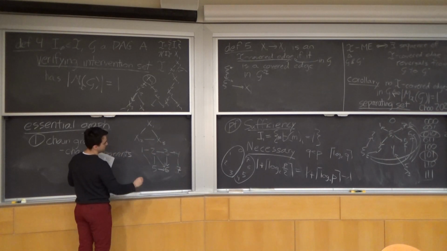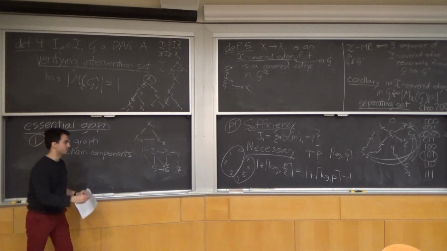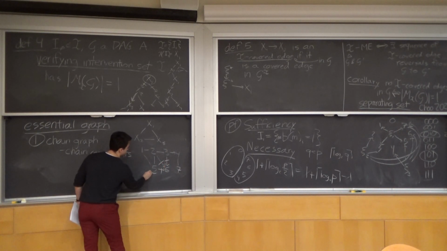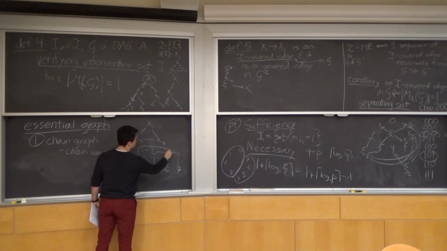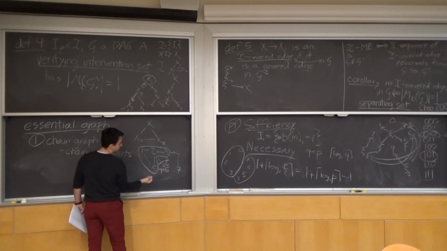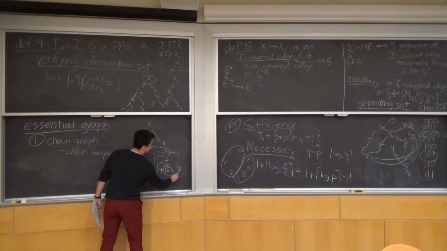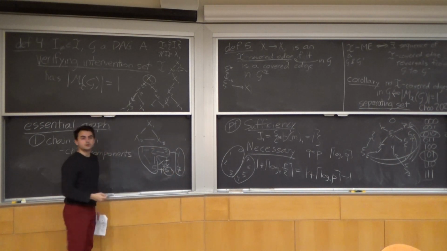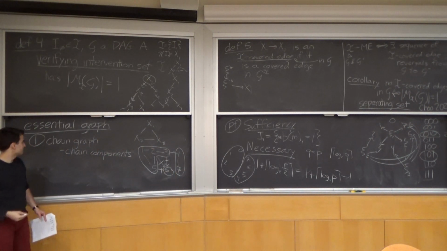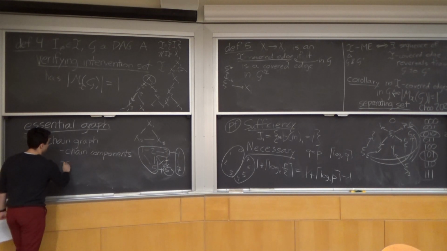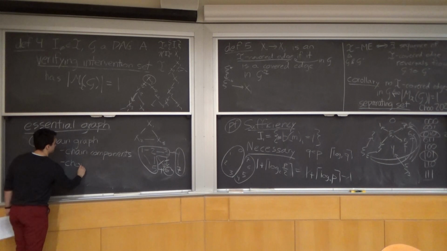And then if I'm deleting the directed edges, then I get the chain components. So the chain components are 1, 2, 3, 5, 6 in a chain component by itself, and then 4 and 7 are a chain component. And those chain components are chordal graphs.